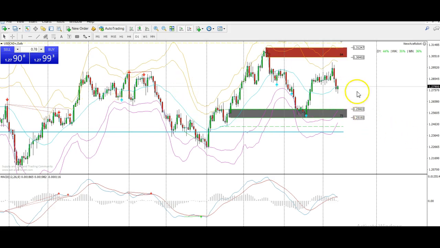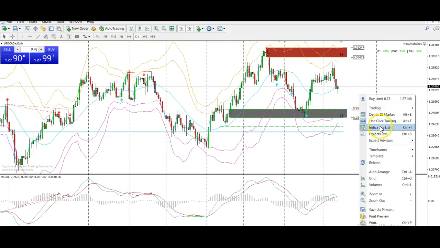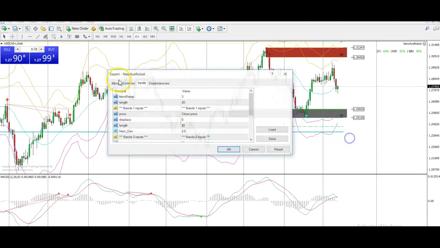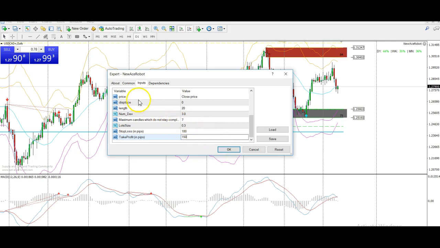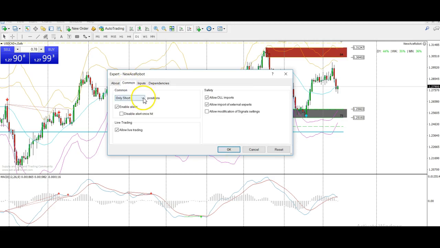So what you do is we would have the expert advisor properties. We have our take profit is 150 pips. Stop loss 100 pips. Go to common. We're only looking to enter long positions.